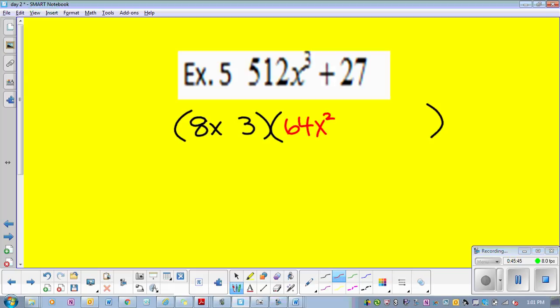64x squared? 8 times 8. What about for the middle term? What is 8 times 3? 24x. You have to multiply the 2 for the one in the middle, right? And what about the last? 9.